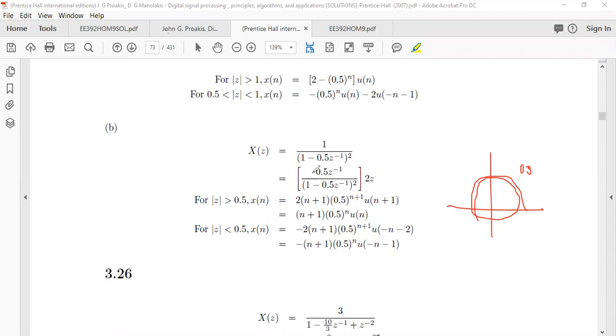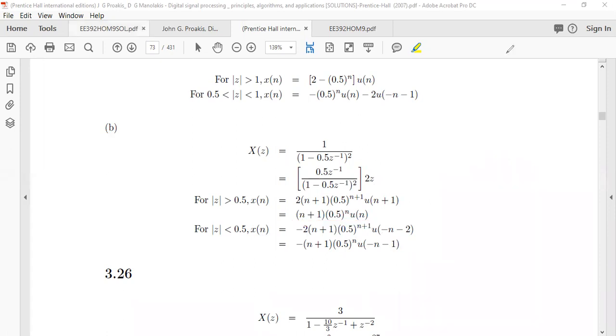First, if |z| is less than 0.5, that is the anti-causal signal. In that case, we get -(n+1) multiplied by 0.5 to the power of n, multiplied by u of (-n-1). On the other part, if |z| is greater than 0.5, that is falling on the outside part of the circle, so in that case we get this particular term, the inverse transform is that, right?